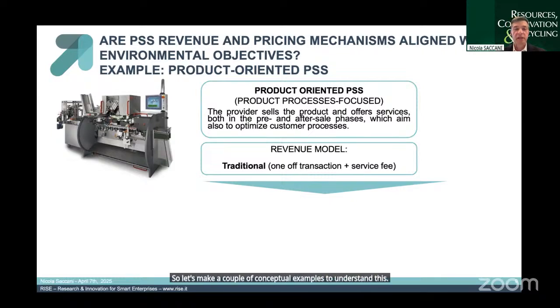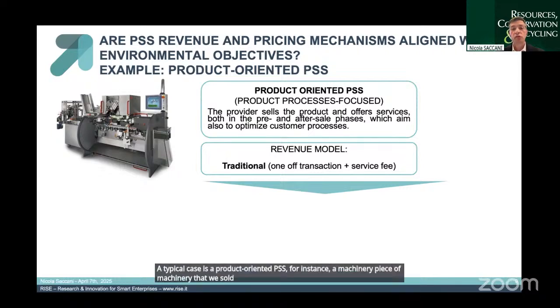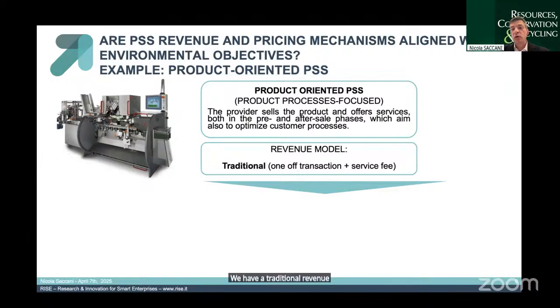A typical case is a product-oriented PSS, for instance, a piece of machinery that we sold to a customer, and aside we offer services in the different life cycle phases, which aim to optimize customer processes, so to provide some benefits to the process. We have a traditional revenue model based on a one-off transaction and the service fee.